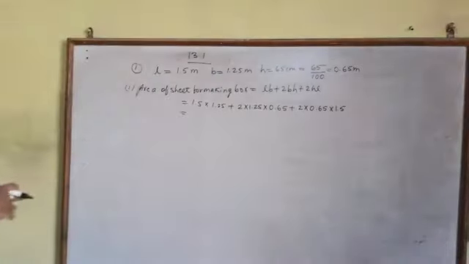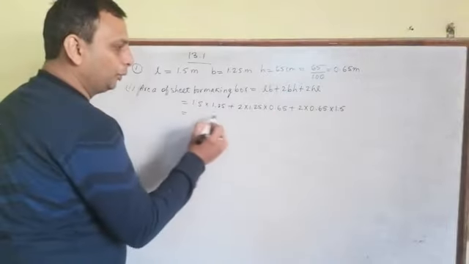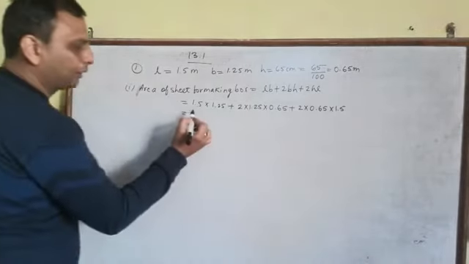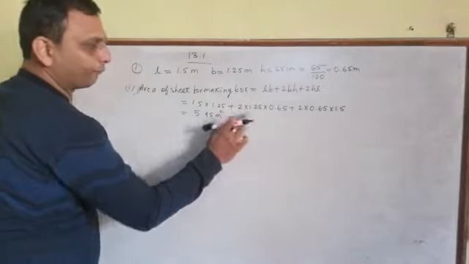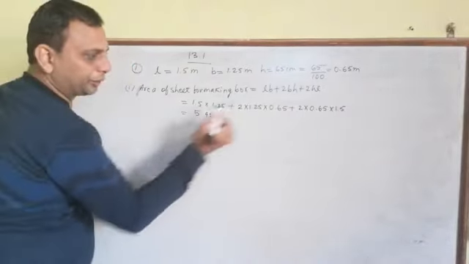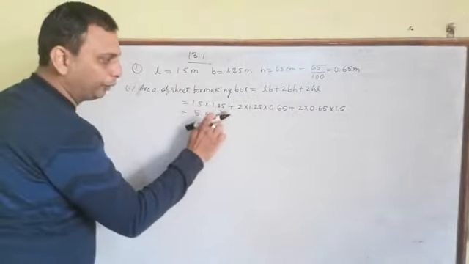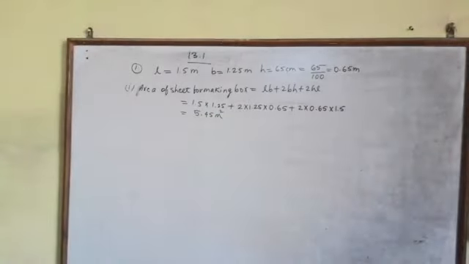Now 1.5 will multiply with 1.25, and 1.5 will multiply with 2. When you solve this by multiplying, you get 5.45 meters square. This is the area, and this is the answer.